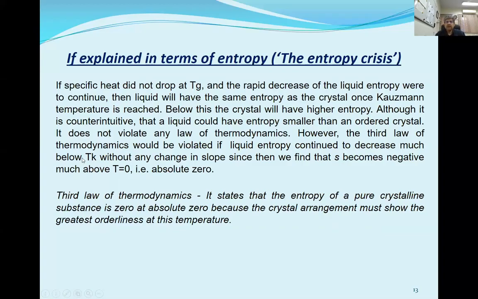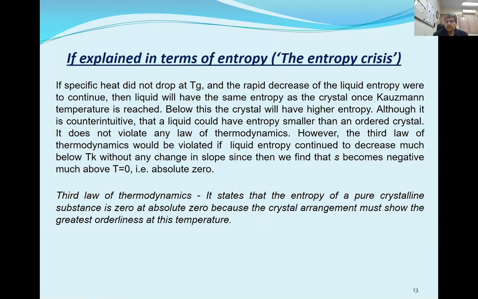So these are the explanations which give us the idea of why the glass transition will always take place at some temperature which is higher than the Kauzmann temperature, because if it does not take place, the third law of thermodynamics will get violated.